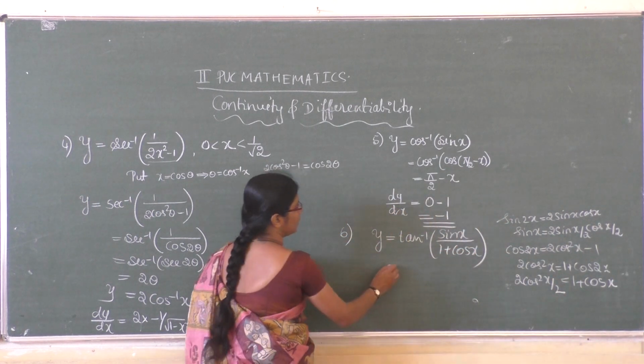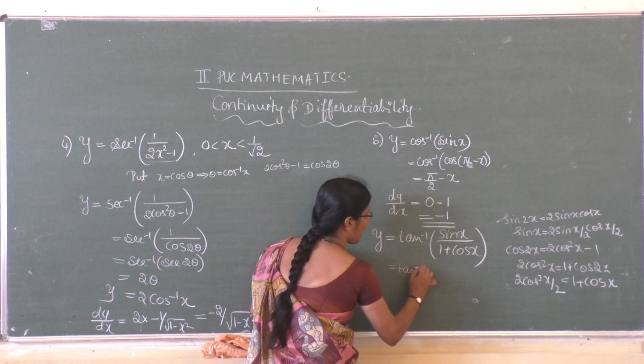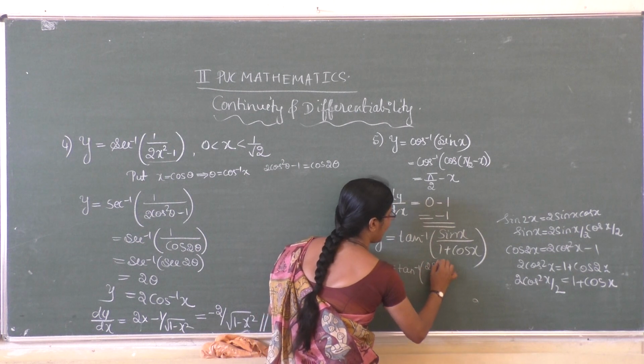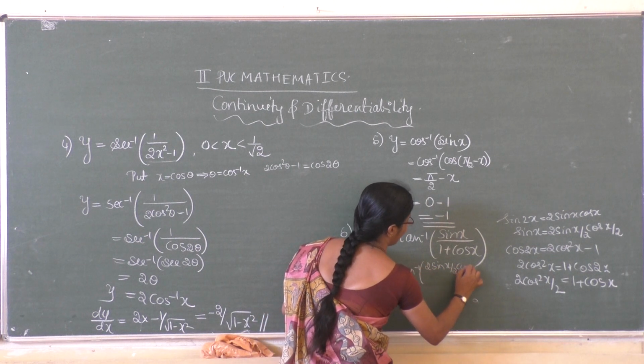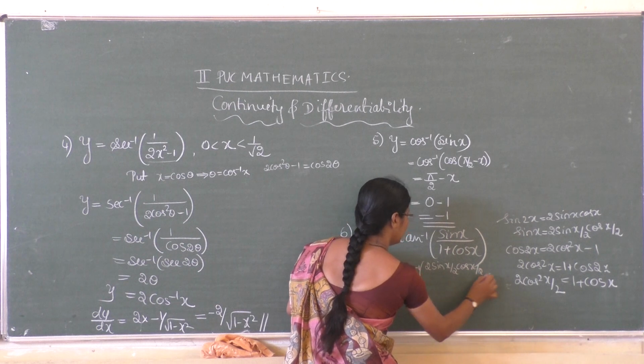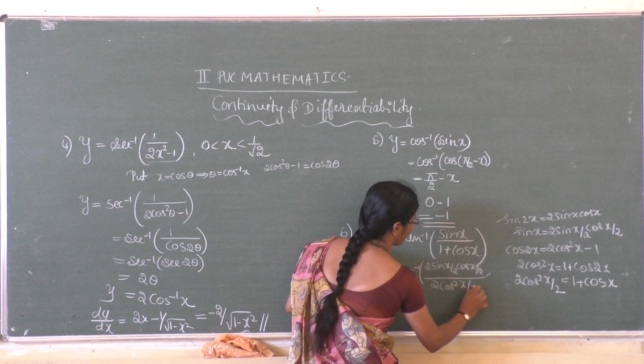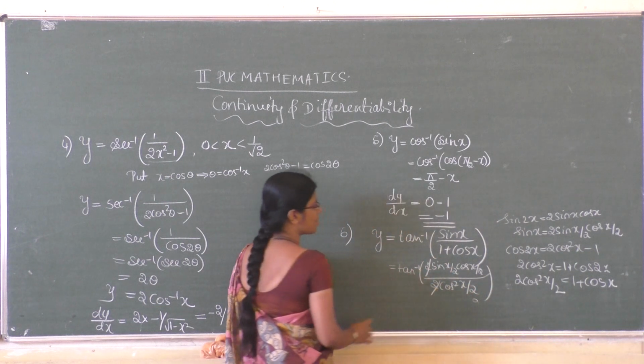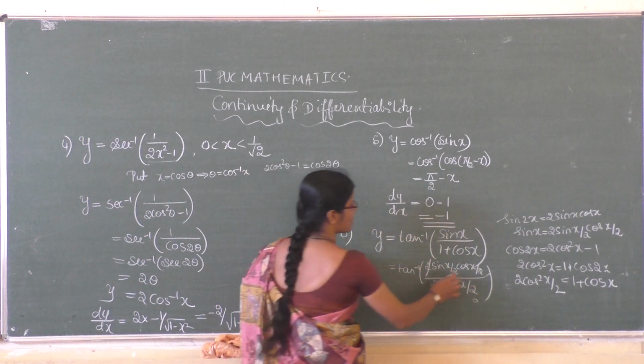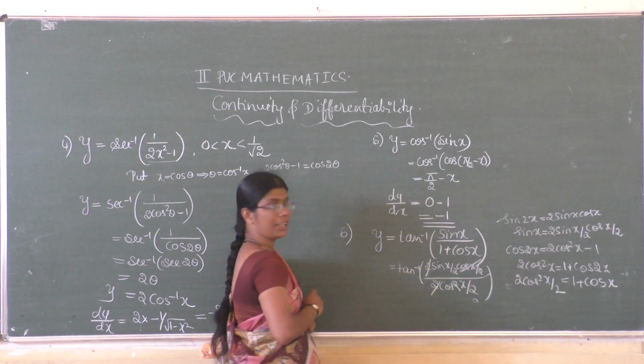So what we get here is tan inverse of 2 sin x by 2 into cos x by 2, divided by 2 cos square x by 2. So 2 and 2 cancel, and cos x by 2 cancels with one factor of cos square x by 2.